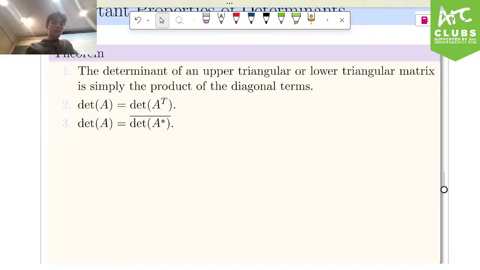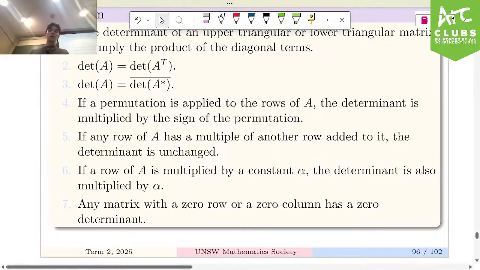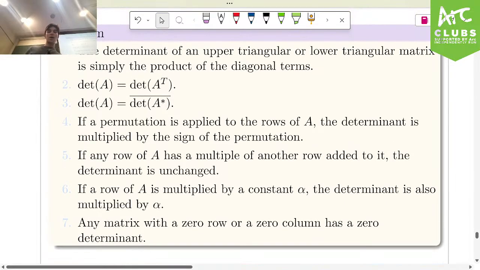The determinant of a matrix is equal to the conjugate of the determinant of its adjoint. Some more properties. If a permutation is applied to the rows of A, the determinant is multiplied by the sign of the permutation, right? That's because you can just think of that permutation as repeatedly applying different swaps. And as you know, swapping the rows of a matrix multiplies the determinant by -1.